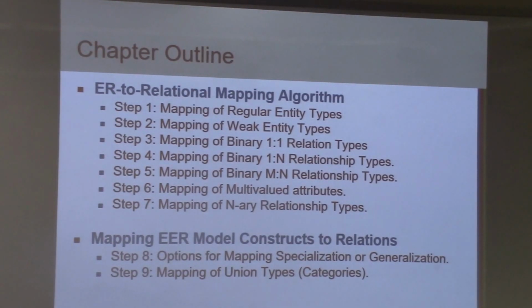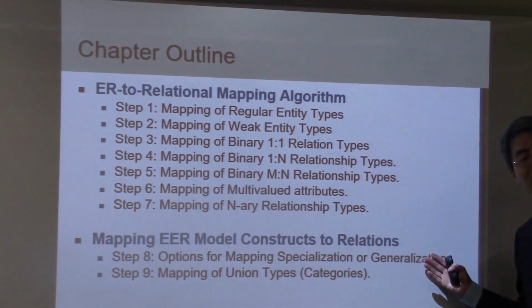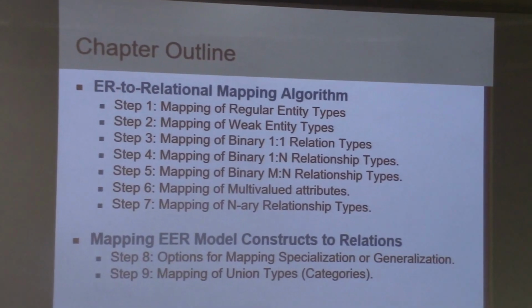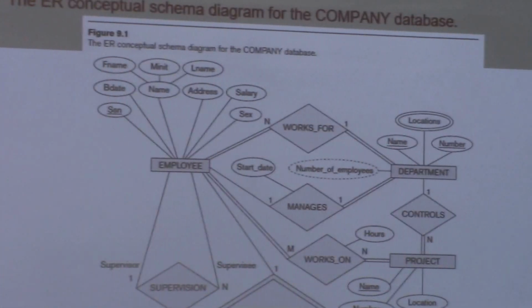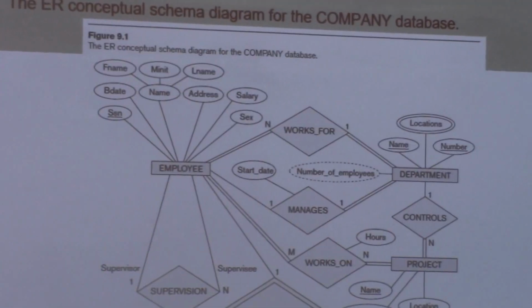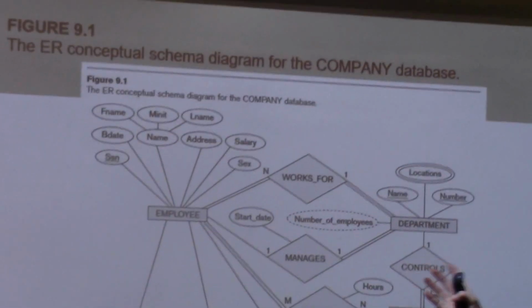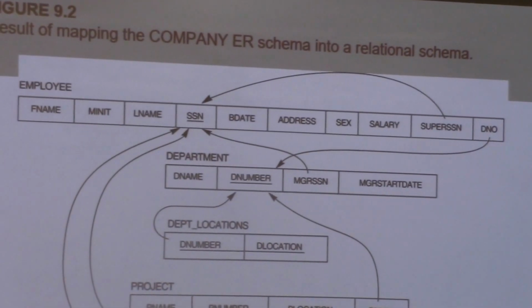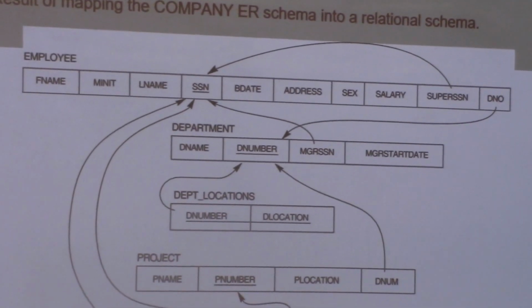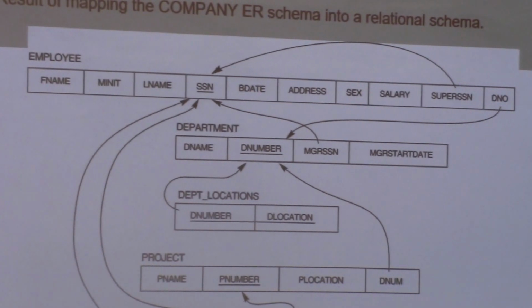Okay? And also the enhanced or extended ER model. So we will discuss the rest of the steps that we missed last week. Okay? So from this ER model, this is for the company database. From the ER model, you should be able to create the relational schema diagram.